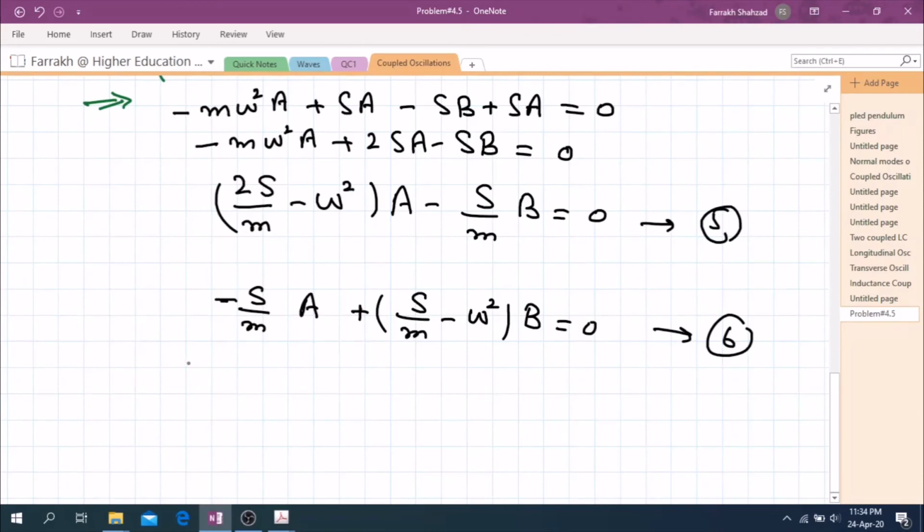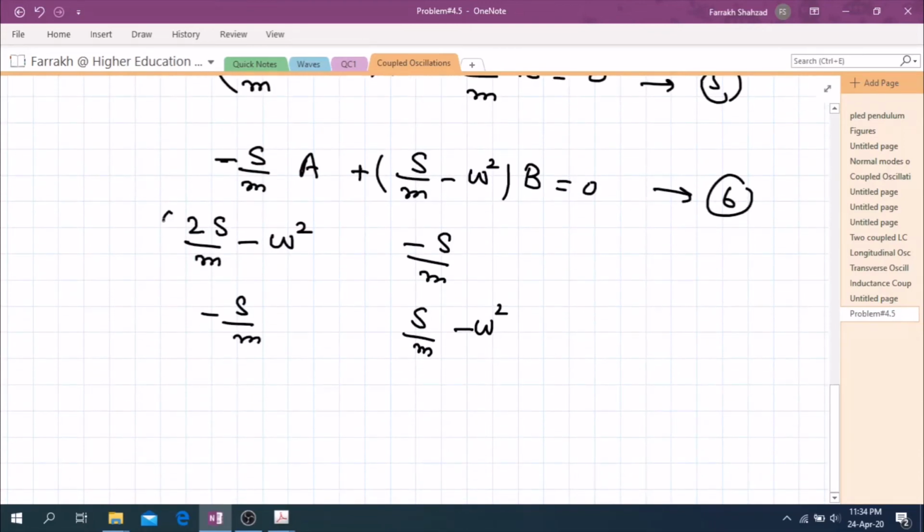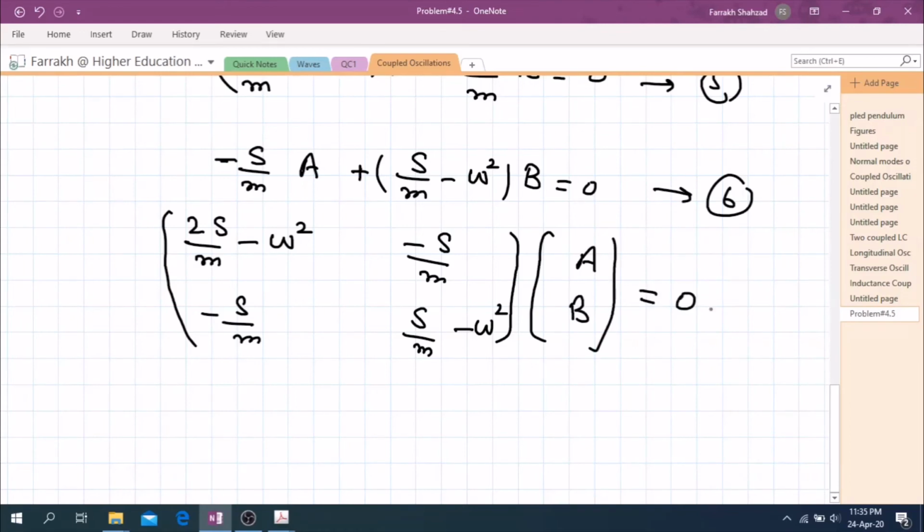The first matrix has the terms 2S/m minus ω², minus S/m, then minus S/m, and the term of B, that's S/m minus ω². Then I have my column matrix A and B, which is equal to 0.